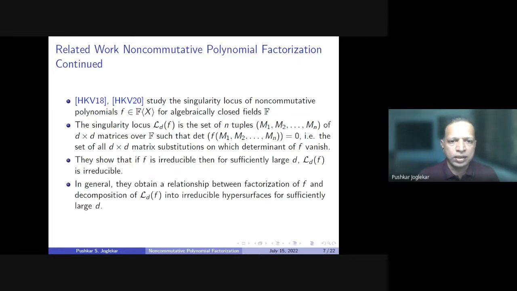What they show is that if f is an irreducible polynomial, then for sufficiently large d, the hypersurface L_d of f is irreducible. In fact, they obtain a relationship between the factorization of f into irreducibles and the decomposition of the hypersurface L_d of f into irreducible hypersurfaces. And this connection holds true for sufficiently large sized matrices d.